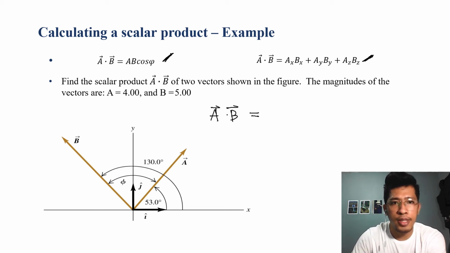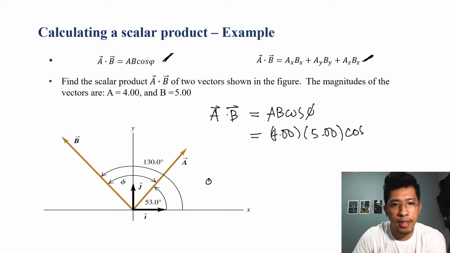So your a dot b is equal to ab cosine phi. So the magnitude of your vector a, again, is 4. And then for your vector b, you have 5. So you have cosine phi. Now what is cosine phi?